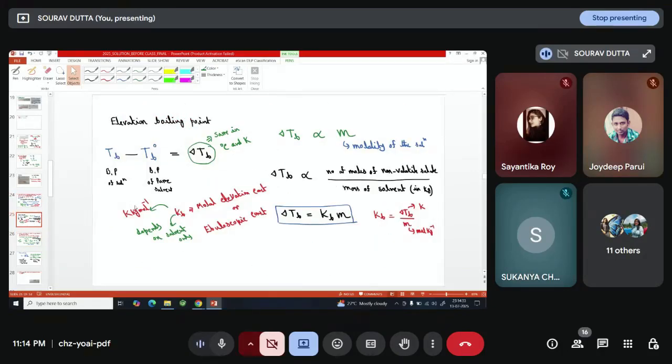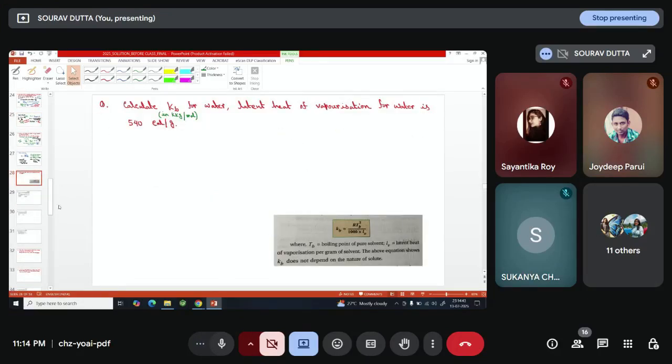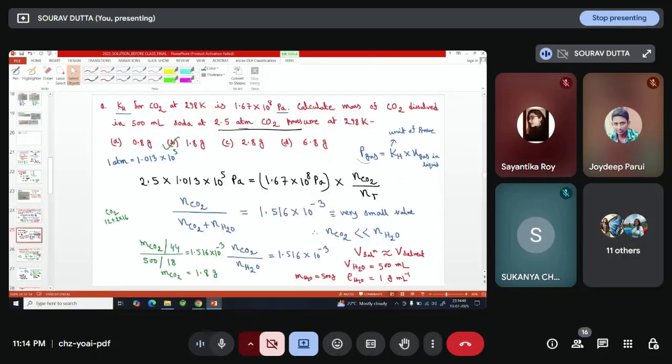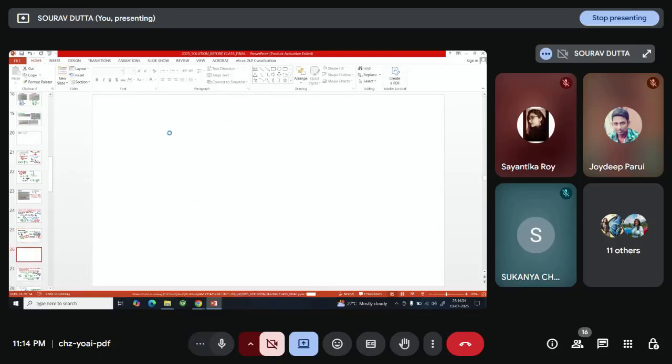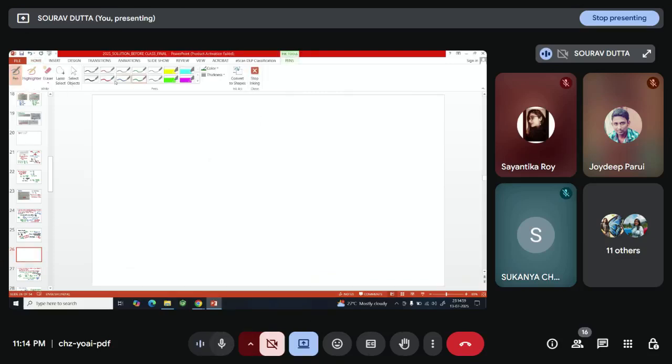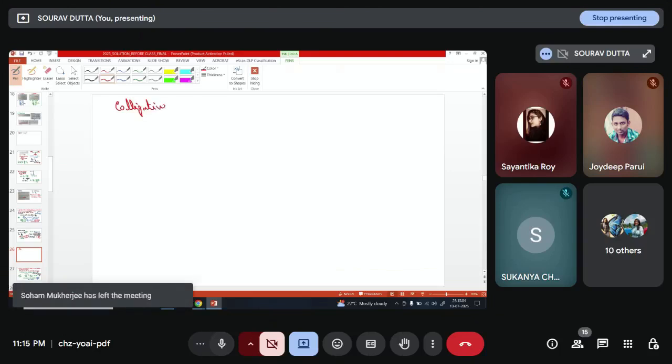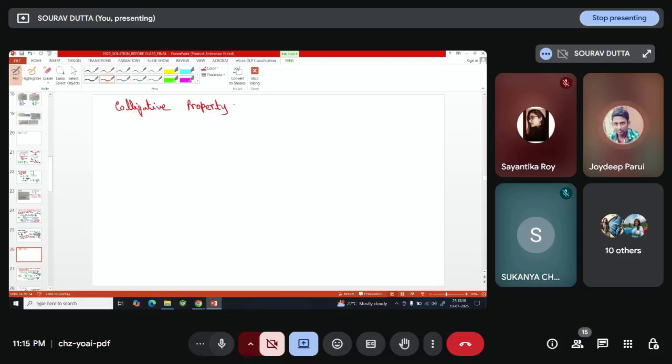There are 4 qualitative properties that we have to learn in detail, and those are very, very important for exam purposes.